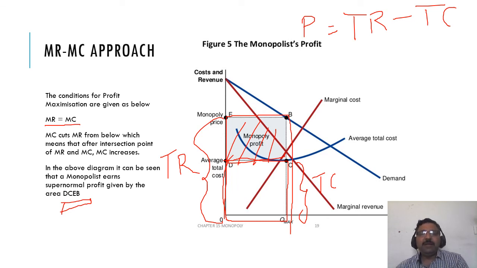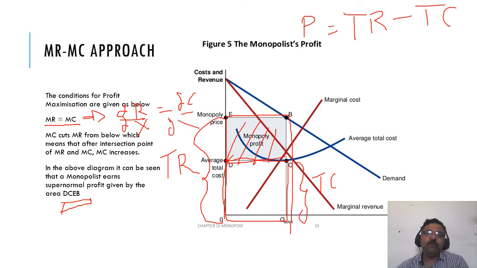In mathematical terms, we had already done this when we said that MR is nothing but dR by dx, whereas MC is dC by dx, and we equate them to get the equilibrium output. Using this mathematical interpretation, we get the equilibrium output.